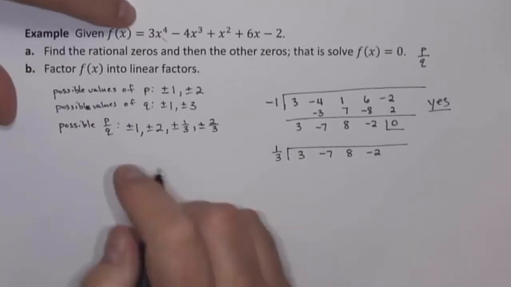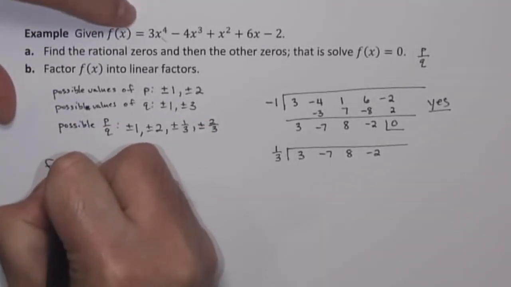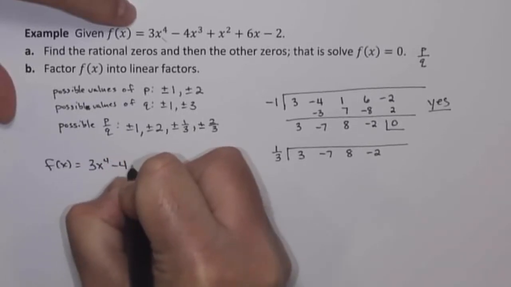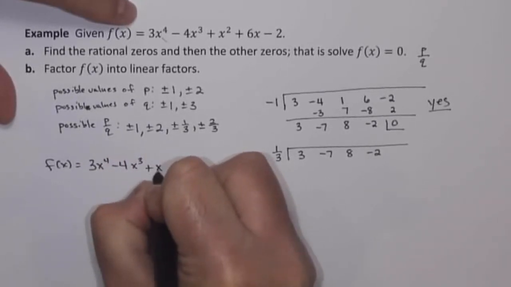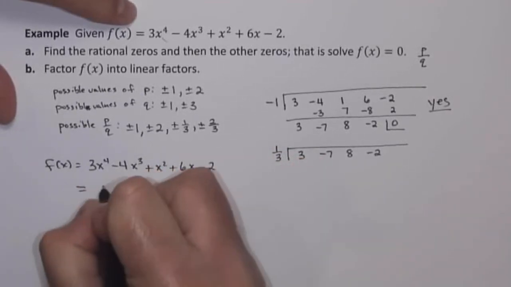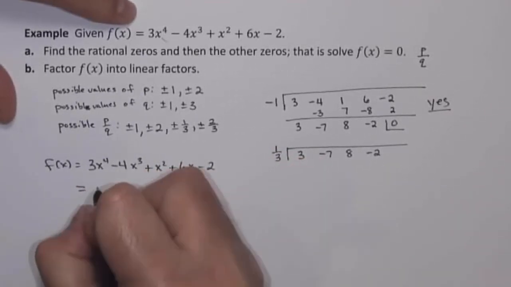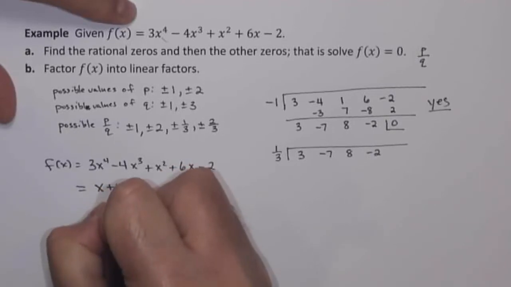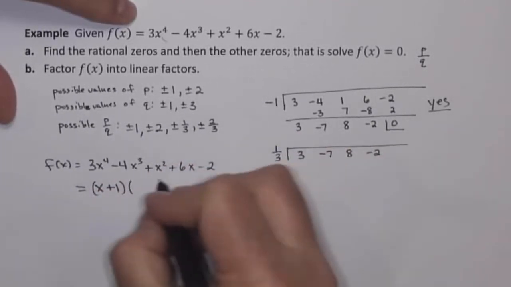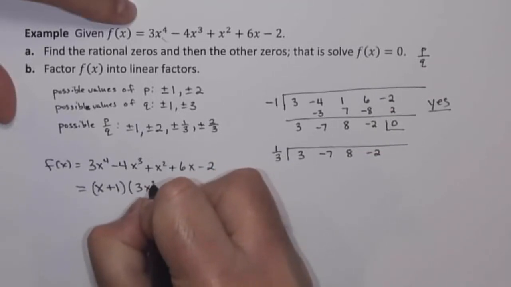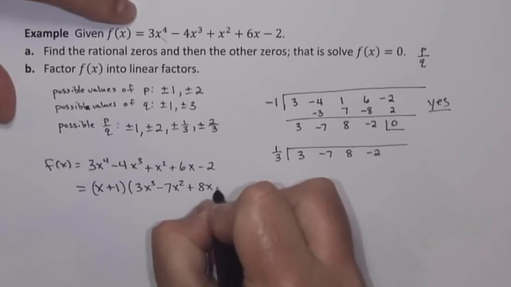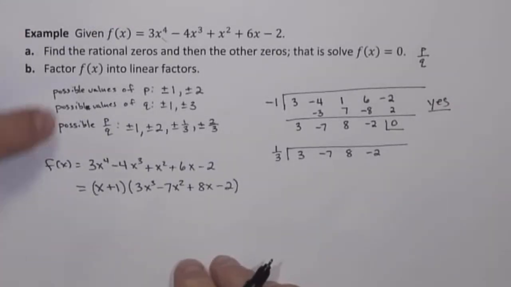So what I'm getting at is our polynomial function, f of x equals 3x to the fourth minus 4x cubed plus x squared plus 6x minus 2, we've just discovered that that factors into x plus 1, because negative 1 is a 0, times the coefficients would be 3x cubed minus 7x squared plus 8x minus 2.